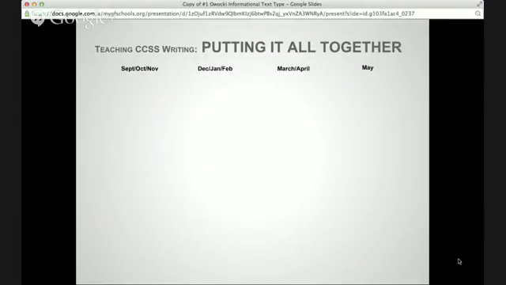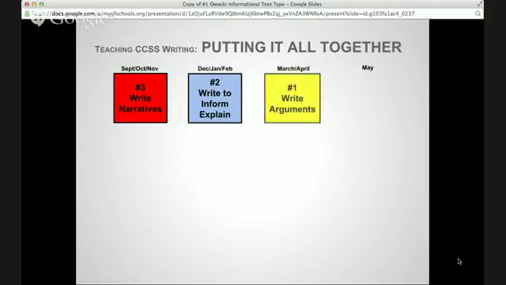So looking at how we put the ladder then into a progression for the year, we see the 3 whats being central to the first 3 quarters of our year. The top of the ladder, research, is going to be focused on in May, kind of in a review sense, because we essentially started that last January.